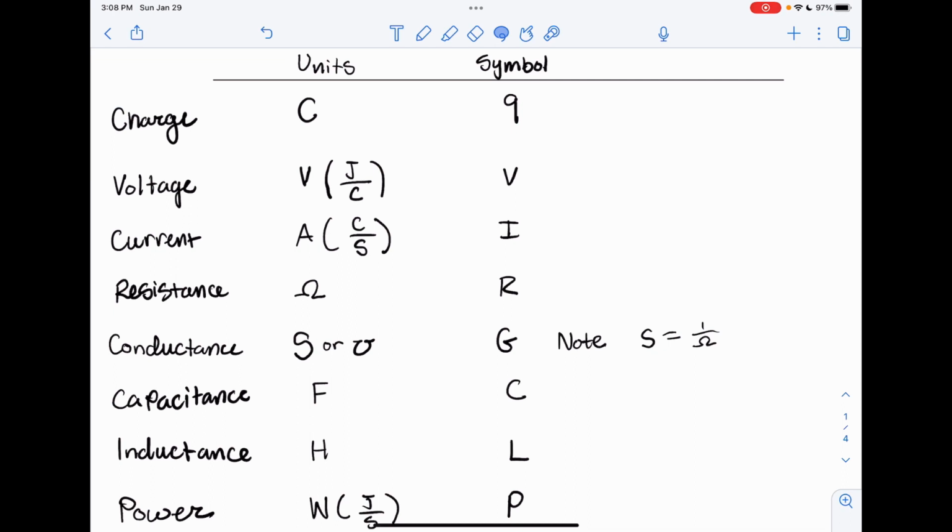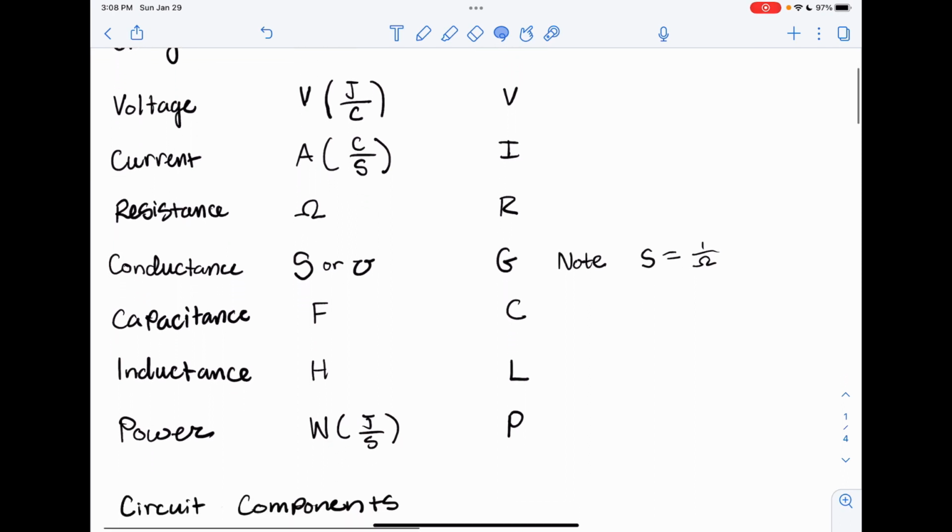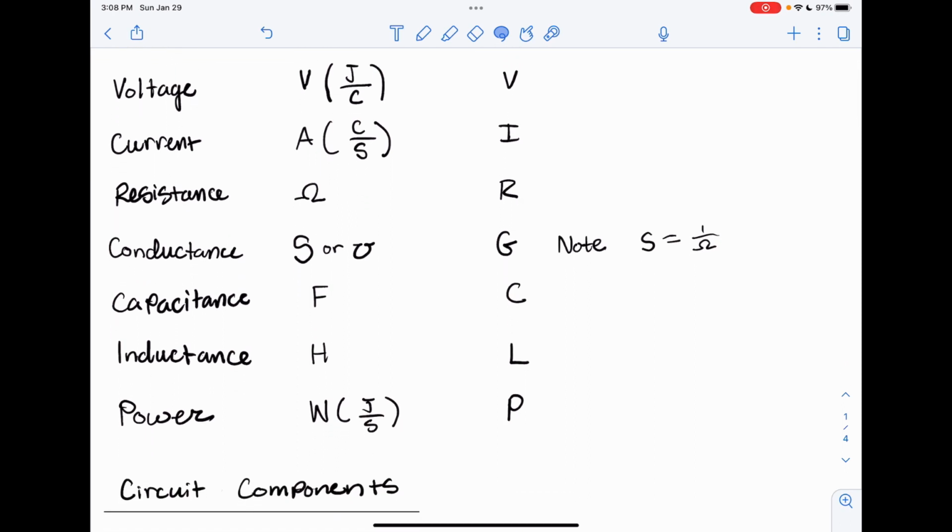The only reason I'm bringing it up now is so that we can understand the derivation for voltage and current, given that they are based on charges.